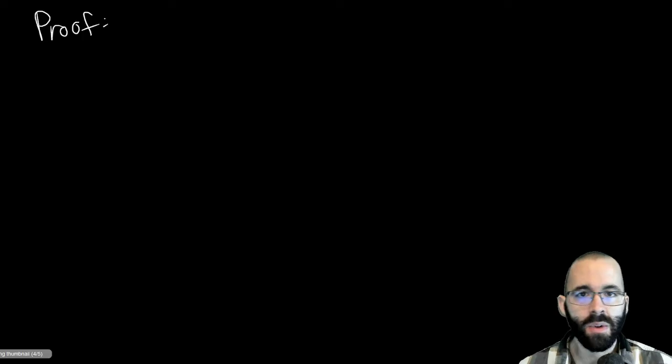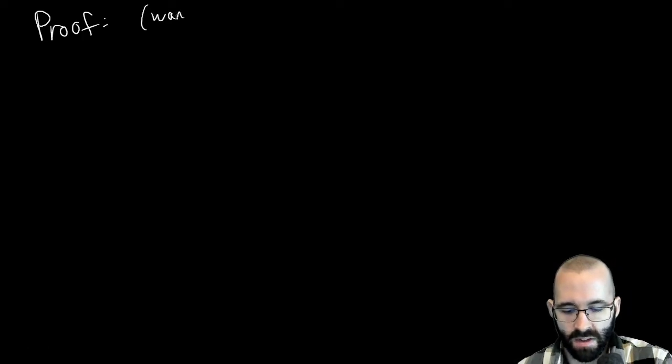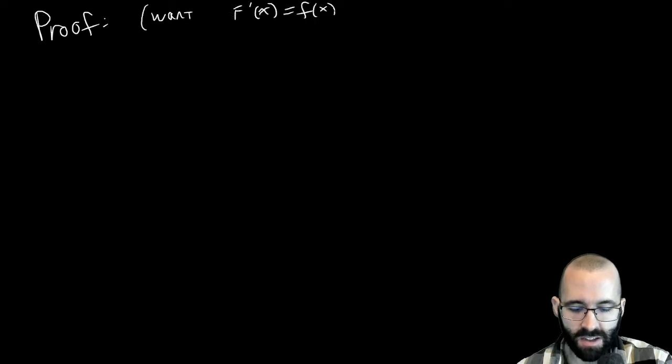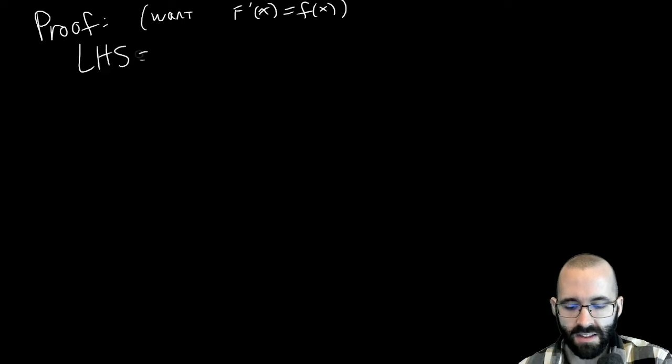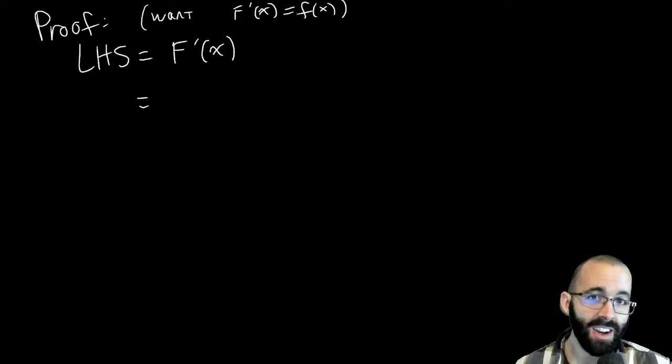We're going to do it like we do most proofs and just start with the left-hand side. I'm going to write it over here just so we don't have to keep changing pages. And well, what is the derivative of F? If you thought your limit definition of the derivative days were over, you thought wrong.